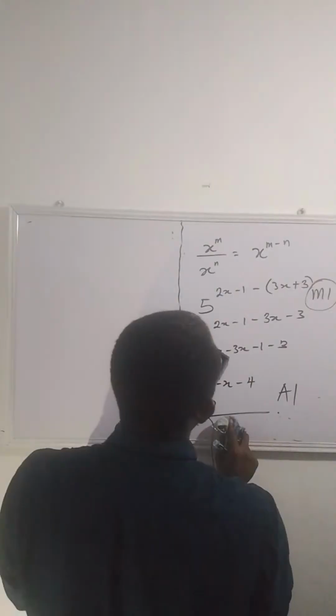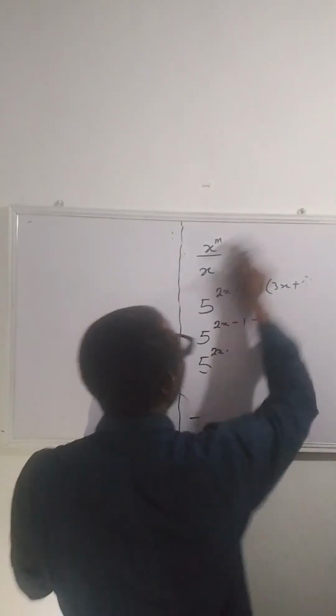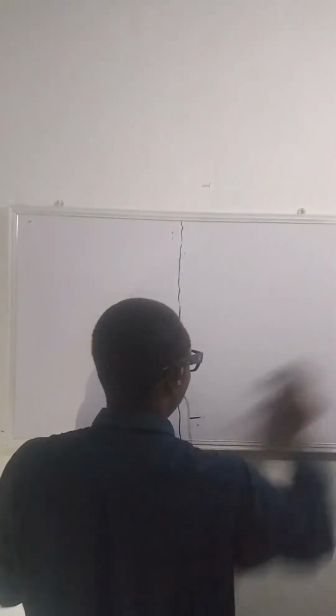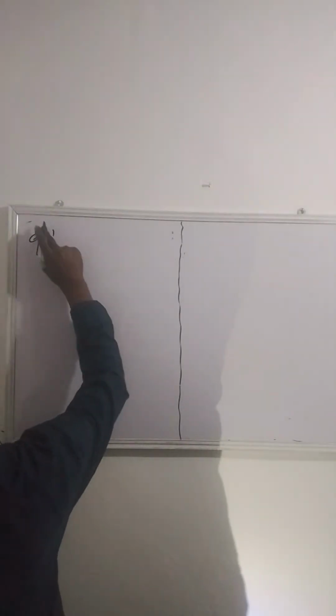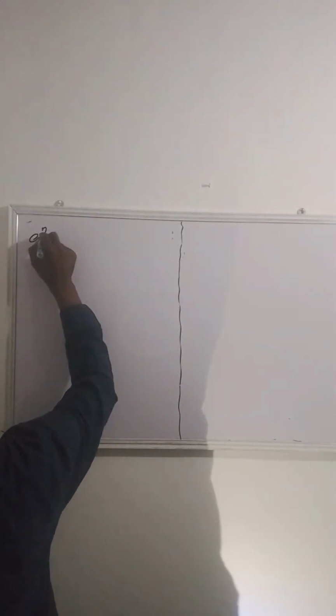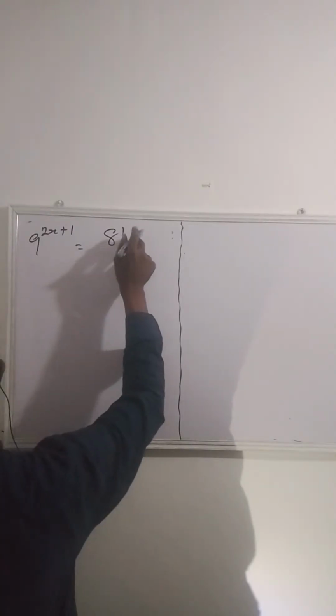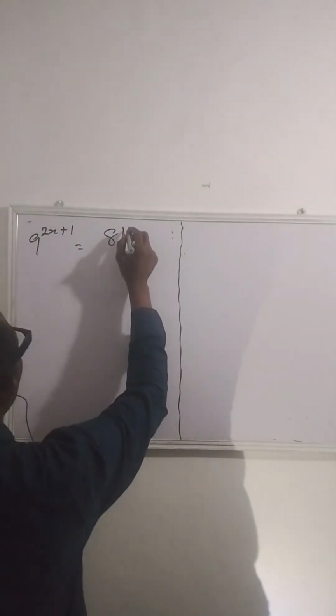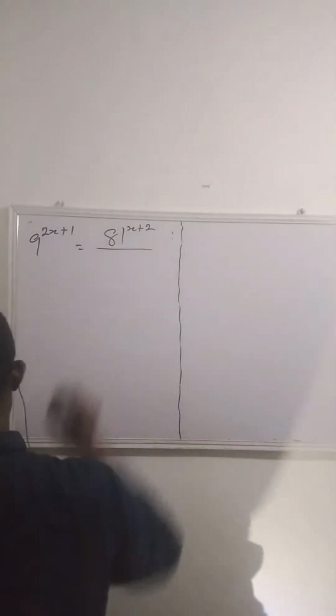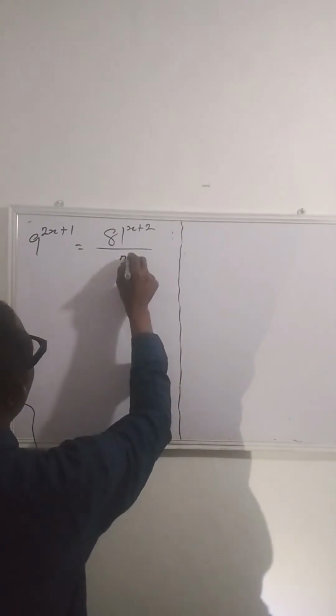So now the first one, we have 9 raised to the power of 2x plus 1 equals to 81 raised to the power of x plus 2, over 3 raised to the power of x.